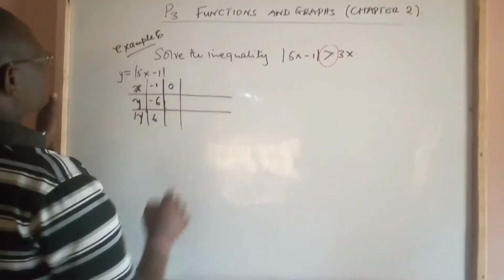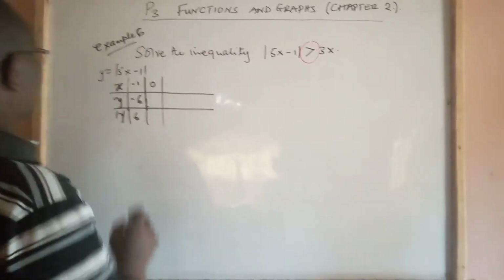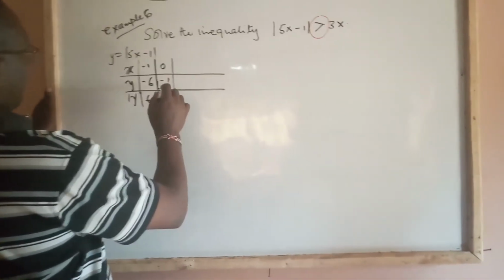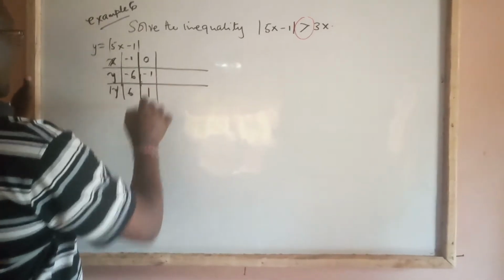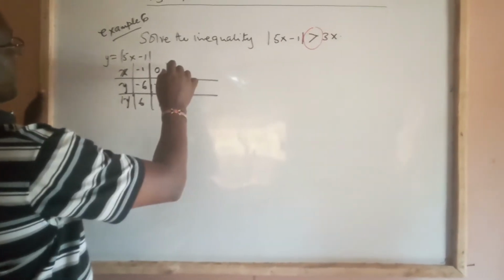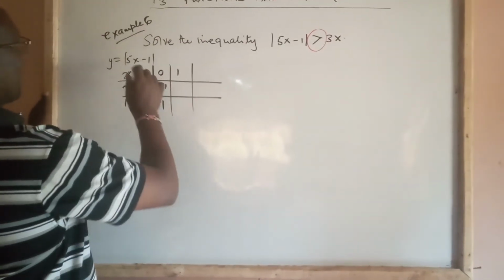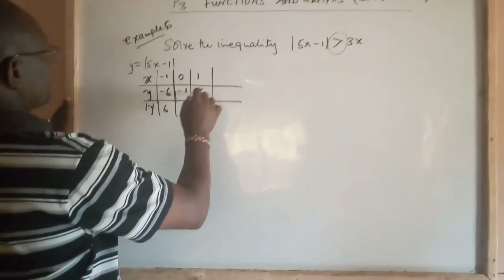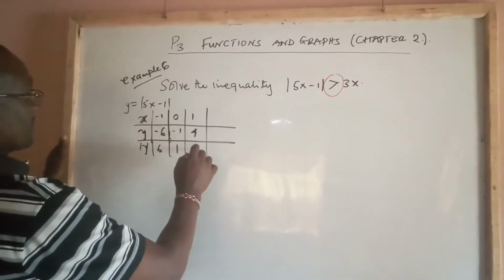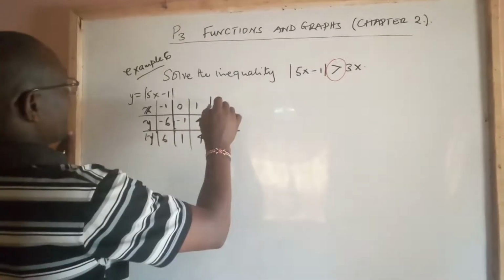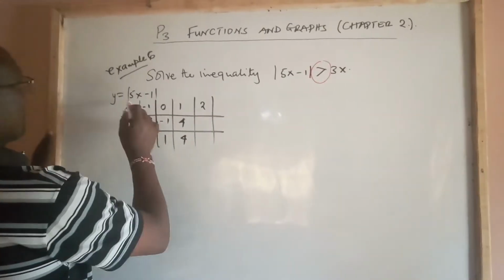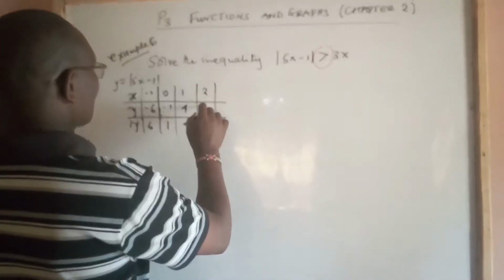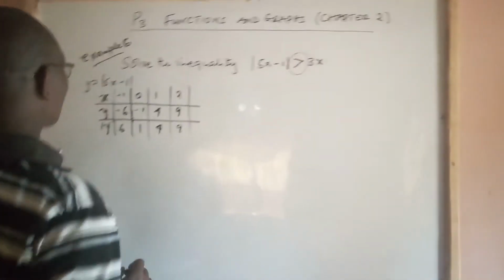When x is 0, we have y minus 1, and therefore y modulus is 1. When x is 1, we have 5 minus 1, which is 4, and of course the modulus is also 4. When x is 2, we have 10 minus 1, which is 9, and the modulus is 9.